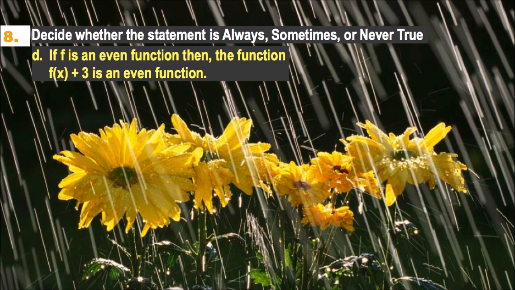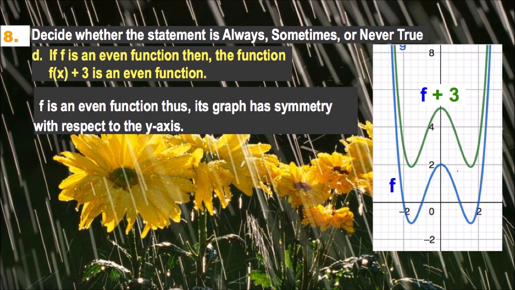Decide whether the statement is always, sometimes, or never true. If f is an even function, then the function f of x plus 3 is an even function. F is an even function, thus its graph has symmetry with respect to the y-axis.